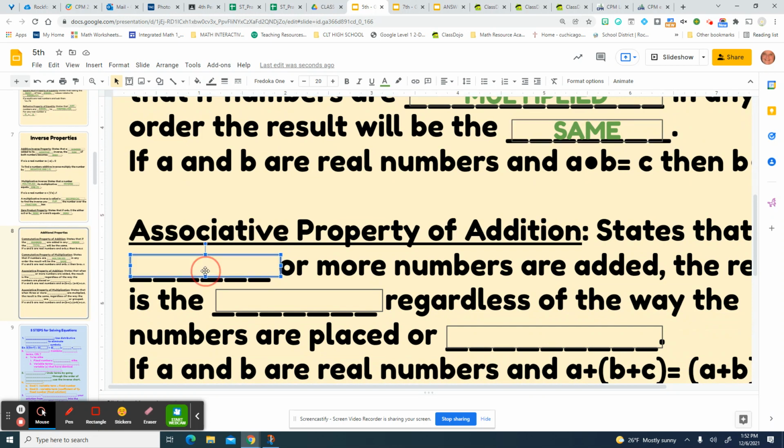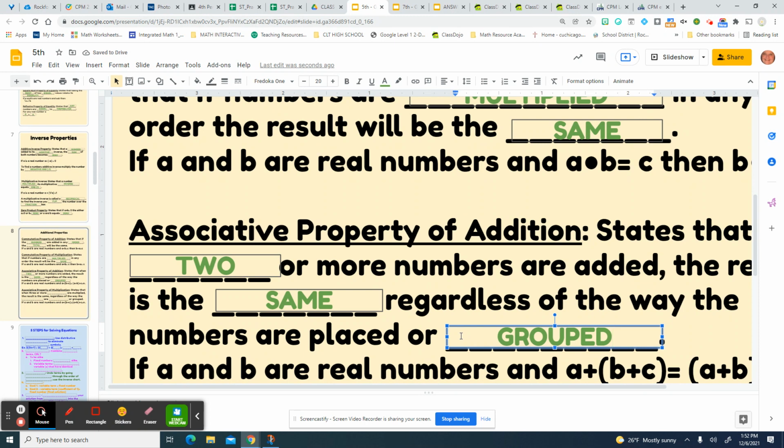So associative property of addition states that when two or more numbers are added, the result is the same regardless of the way the numbers are placed or grouped.